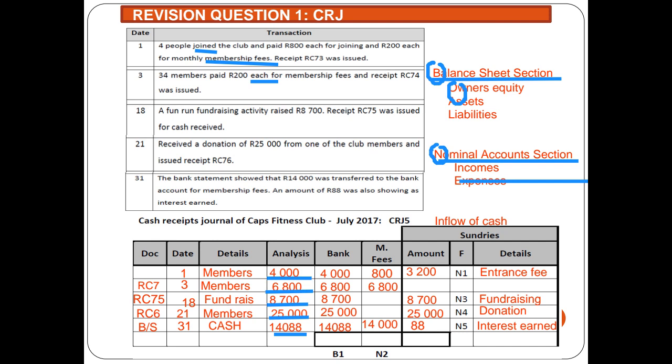The only thing that is left, guys, don't forget, for free marks, you must always add. I want you to quickly give me the total for the bank, the total for the membership fees, and the total for the amount. You must always make sure that you total. Why? Because even if you are wrong, I'll still give you a mark for adding those figures, okay? So please use your calculator quickly, add for us, and let's see how much we have as the totals.